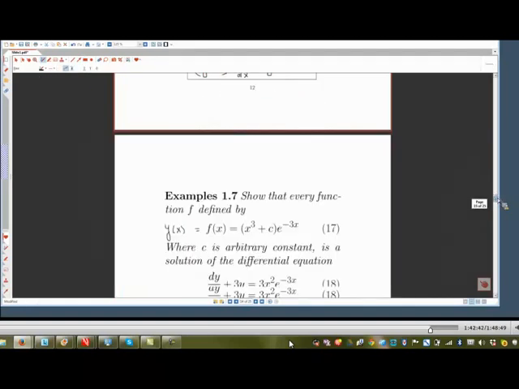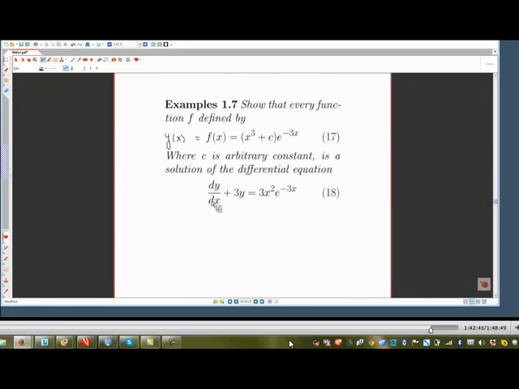Now coming to this one, we have a function y and we would like to see whether this is the solution of this differential equation. We will differentiate this one. Differentiating this function, I can apply the product rule because I have two functions here. So d of x cubed plus c, e to the power minus 3x, over dx, plus c times x cubed plus c e to the power minus 3x.